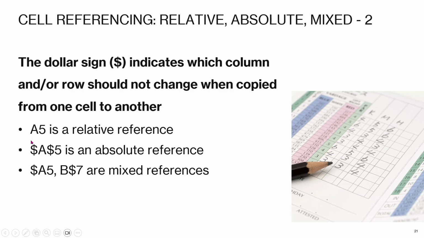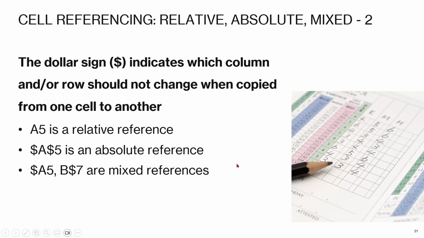So in this case, A5 without any dollar signs would be considered a relative reference. So if I copy a formula that refers to cell A5 to a new place, A5 can change. And in that case, there might be reasons why we want it to change. So having a relative reference is okay. And as I said, that is the default operation. If I put a dollar sign in front of the A and a dollar sign in front of the 5, that's considered an absolute reference.